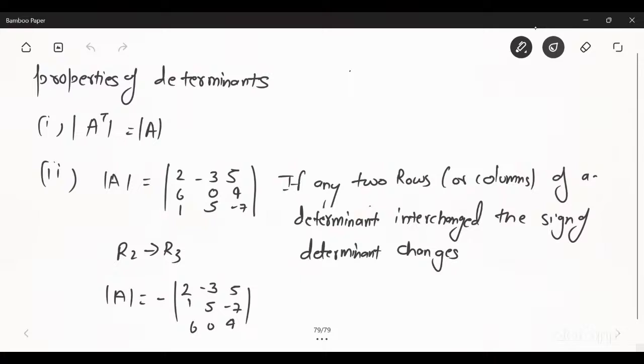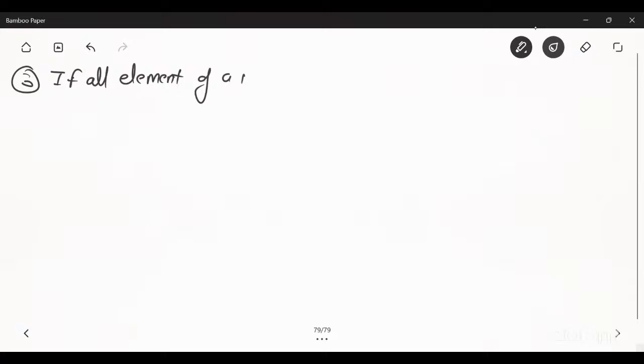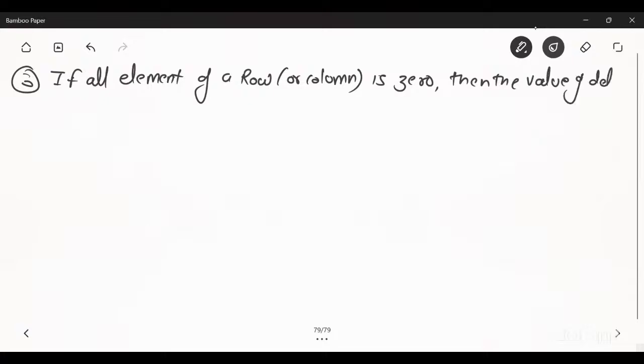Now the third property. If all elements of a row or a column are 0, then the value of the determinant is 0.